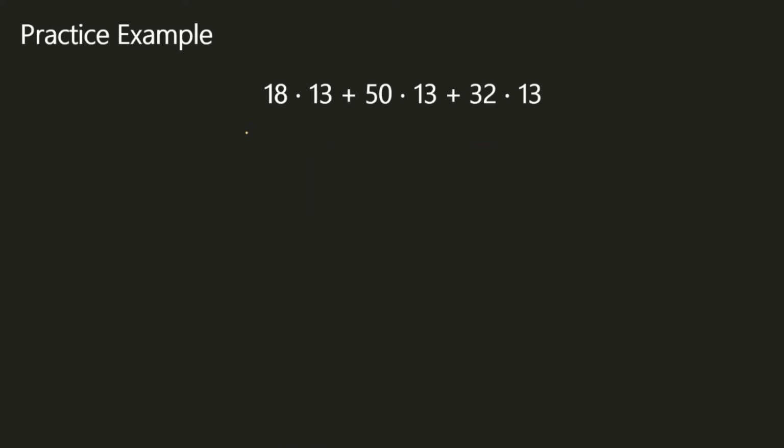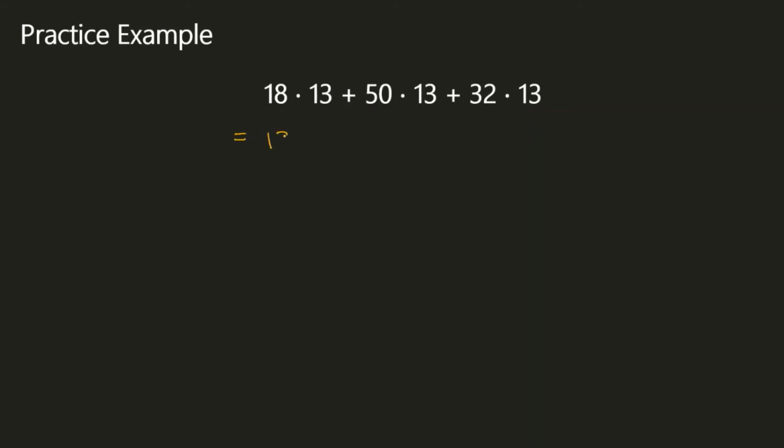So using factoring, try to attempt this problem yourself first by pausing the video. Note that multiplication here is also represented using a centered dot. So in here, you probably already saw that number 13 is a common number in each addend. So we have a 13 here, we have a 13 here, and we have a 13 here. So we're going to pull that out and then group the non-common ones.